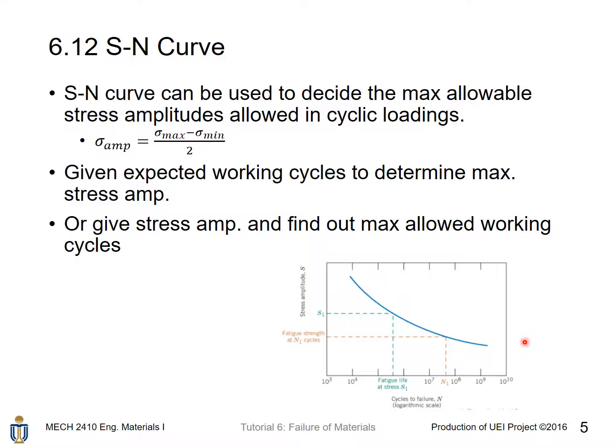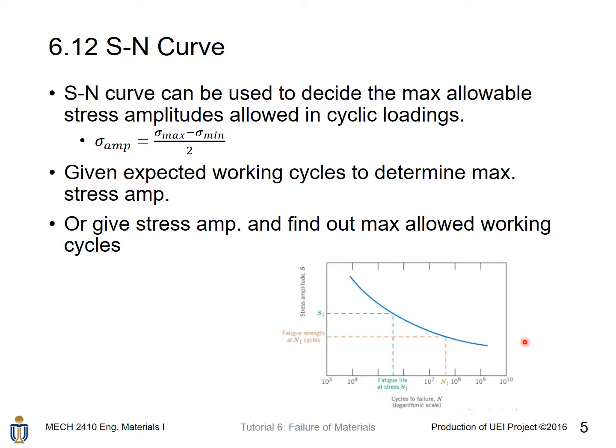We can use the S-N curve to decide the maximum allowable stress amplitudes in cyclic loadings. The stress amplitude is defined as the maximum applied stress minus the minimum applied stress, over 2. We can use it in two ways. The first way is when the expected working cycles are given, and we need to decide the maximum stress amplitude.